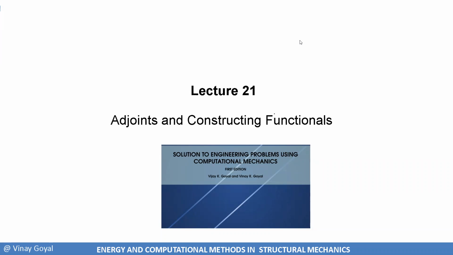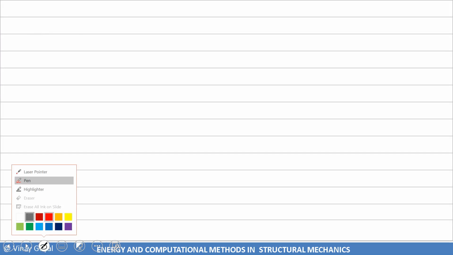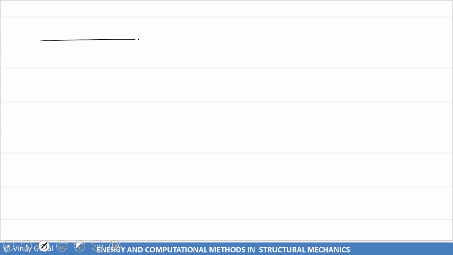Welcome to lecture 21. Let's consider the idea of adjoints and constructing functionals out of governing equations. So let's first consider the problem of a beam, and it's pinned here, and you have a torsional spring there with spring constant alpha.